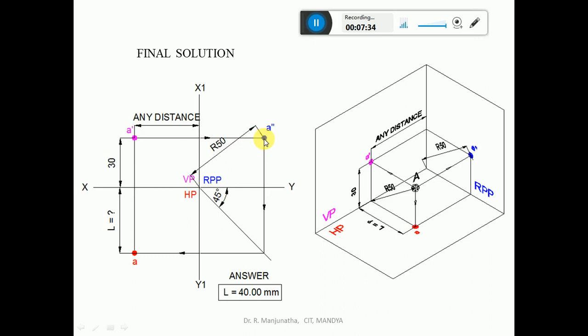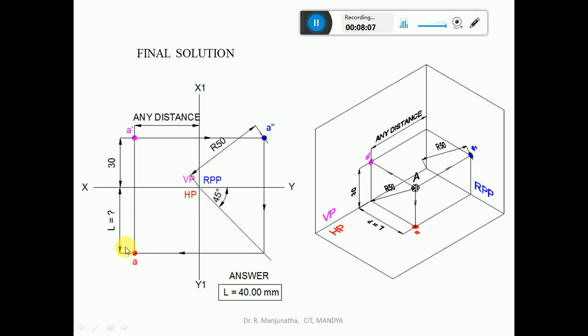Once you draw this 45 degree line, the distance which is in front of VP, when it is drawn here, has been transformed into the vertical distance here. Then you draw a horizontal projector from here to the top view, where it will intersect the vertical projector drawn from the front view. The point where it intersects is the top view, which is equal to A.